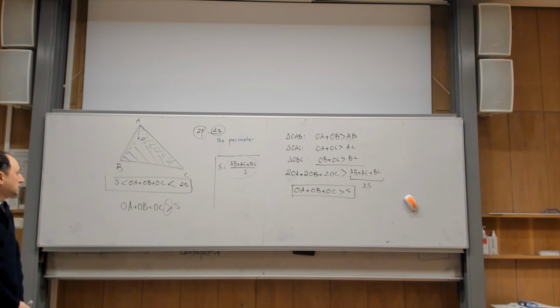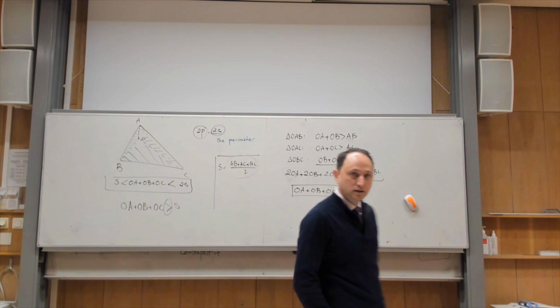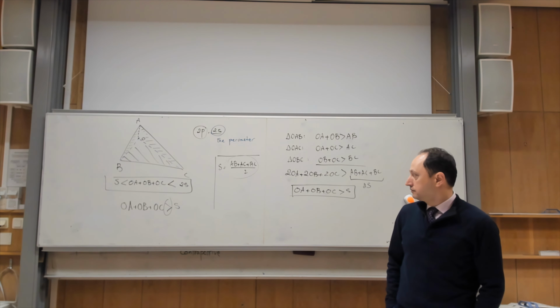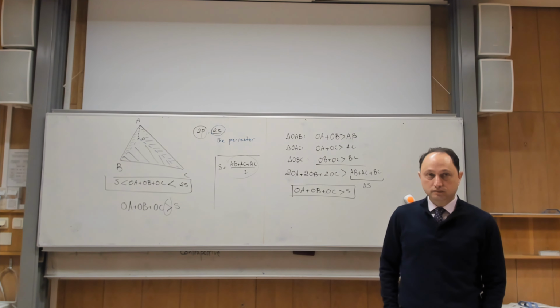So if we pair up all the O lines with all the perimeter lines, if we can then individually prove that each one is smaller, then we can easily prove that the sum of all the interior lines should be smaller than the sum of all the outer lines or perimeter lines.